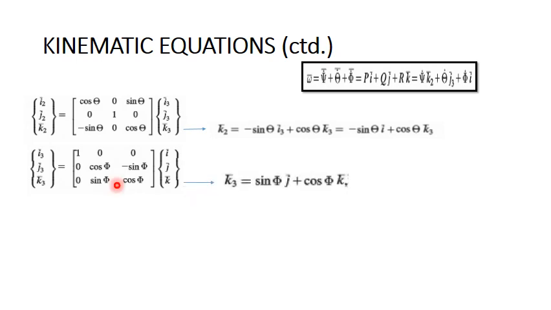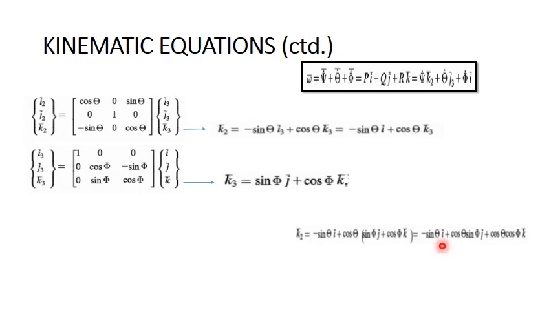From the third row of the second matrix equation, we can get K3 equal sine theta times J plus sine phi times J plus cosine phi times K. Substituting back in the K2 equation with this K3, so now K2 equal minus sine theta I plus cosine theta, and K3 is substituted from this equation, so this is sine phi J plus cosine phi K.